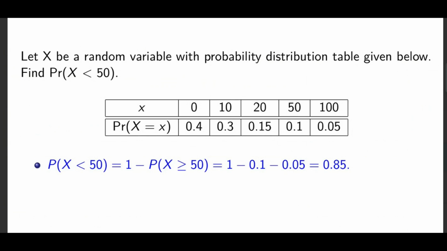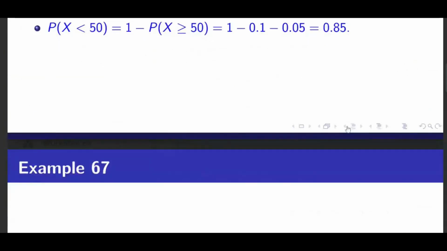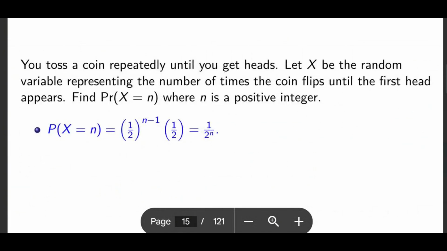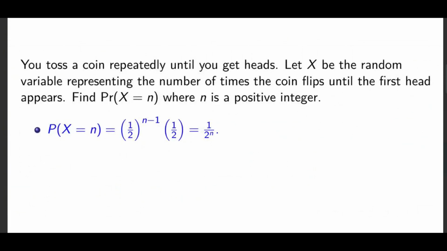And once you're done with that, I want you to do an example, like example 67. I'll tell you what. For example 67, I want you to do something pretty close to this, but don't make the coin fair. Make the coin biased, but still be counting heads.